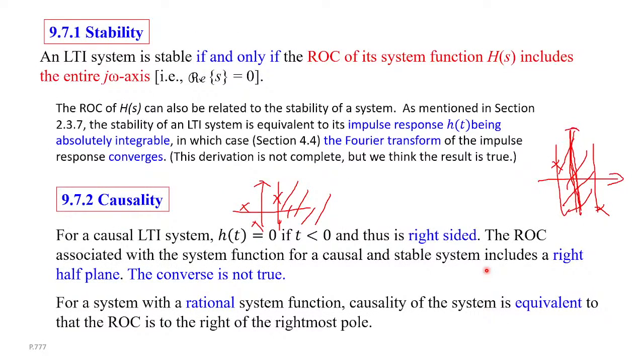Very nice to know the properties of your system. Again, you can know the stability and the causality of your LTI system by looking at the ROC structure, or pole structure, of your system. I'm missing a slide. Okay.